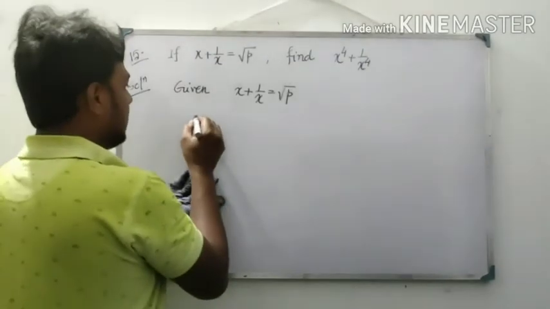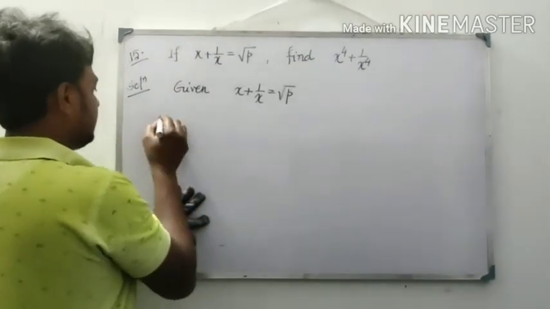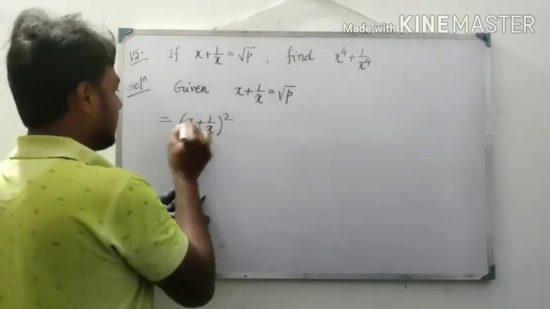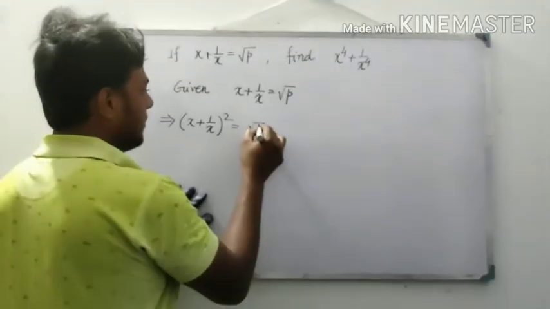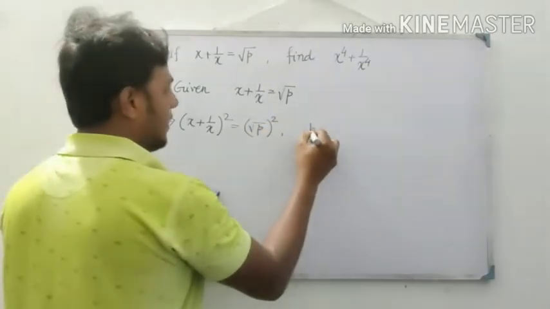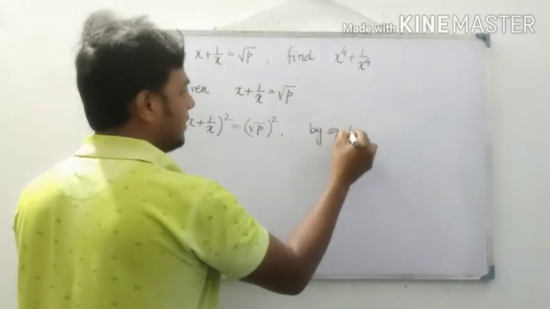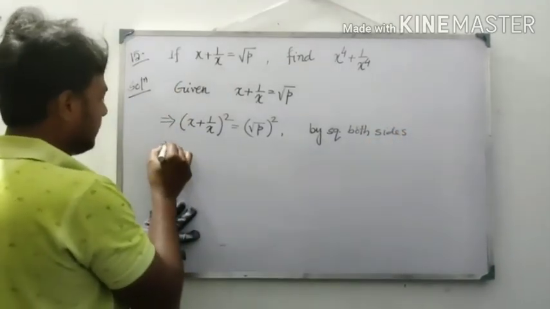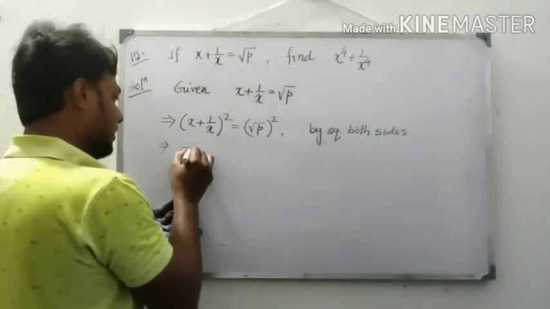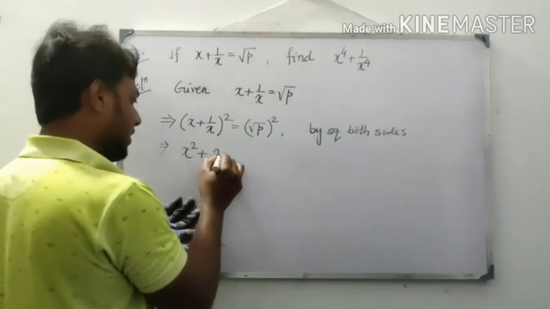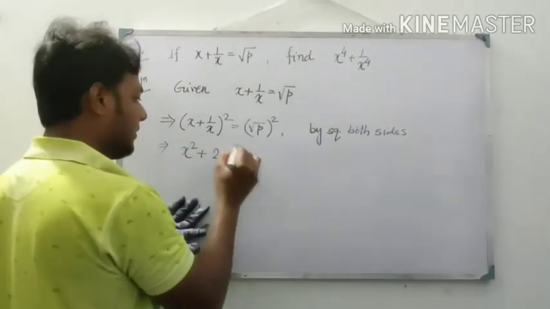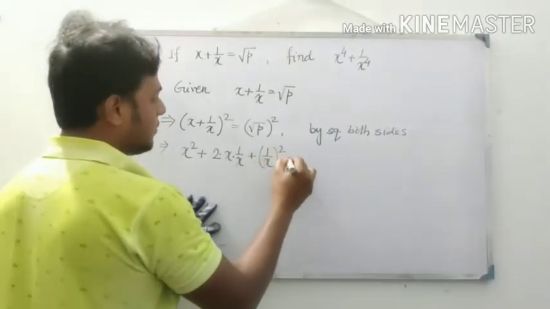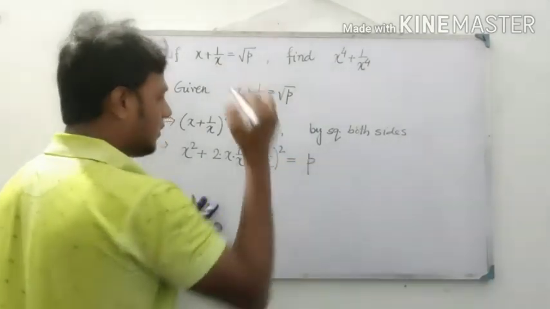Okay, so by squaring both sides, x plus 1 by x whole square equals root over p whole square. You have to write the reciprocal part by squaring both sides. So if we expand it, then it will be a square plus 2ab, here b means 1 by x and a means x, plus b square, equals root over p square, which means only p.